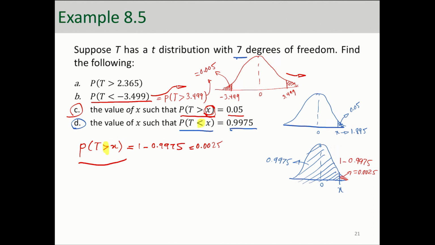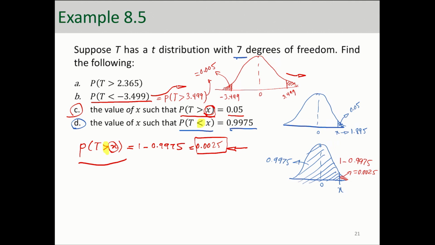Because of that, we need to change less than to greater than, quite the opposite of what you used to do in the normal distribution. Now we go to the table, look for this value in the first row, and read the x associated with it on the 7th row.